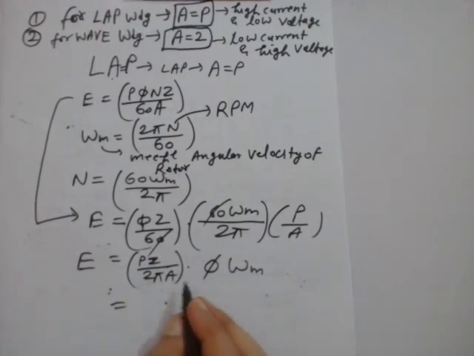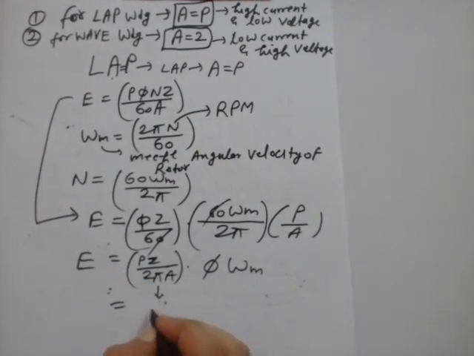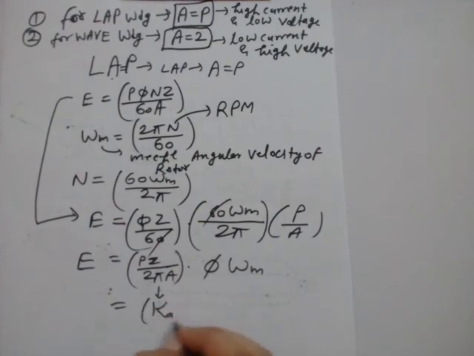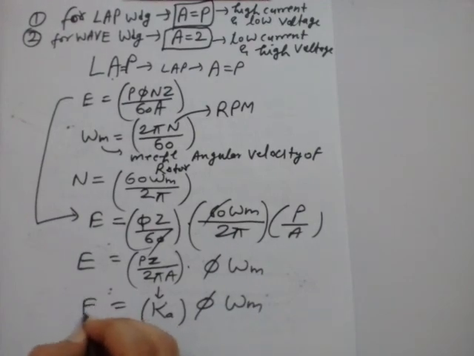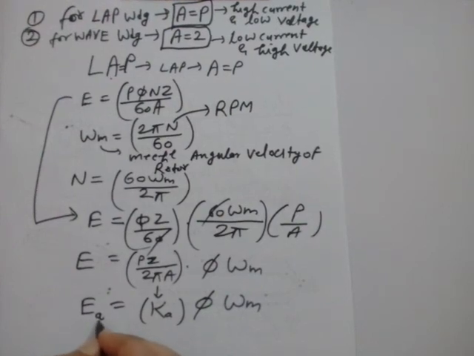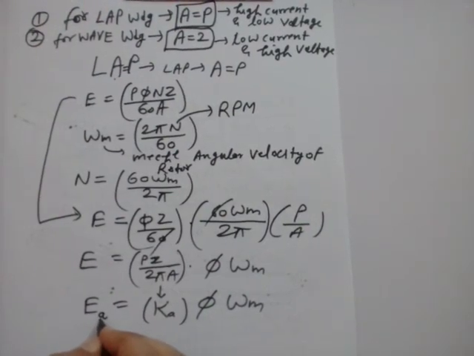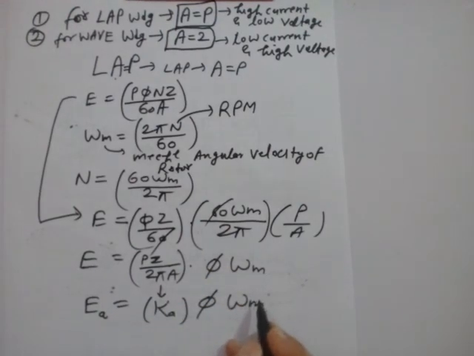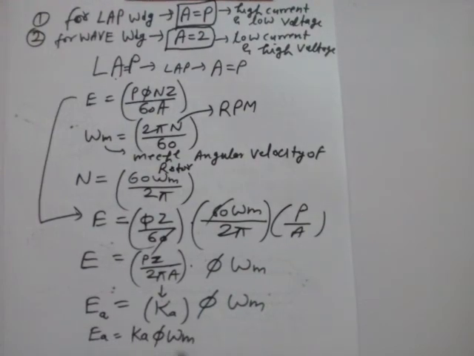P Z by 2 pi A, let me give this another notation, K suffix a, where a stands for armature, so phi into omega m. This is the induced EMF, and let me give suffix a to this, E A, armature induced EMF. So E A is equal to K a phi into omega m.